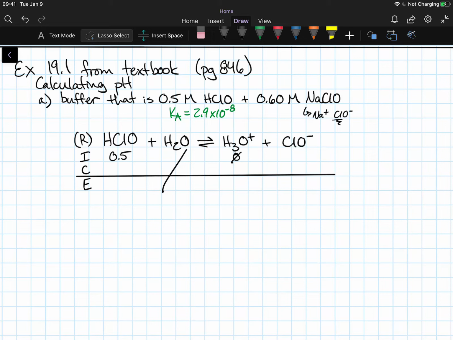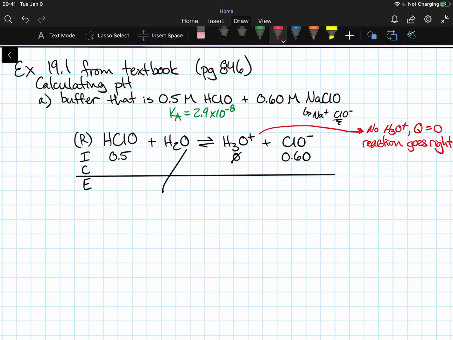But in this case, we are actually preparing the solution with some of that conjugate base around, and we're told it's 0.60 molar. So we can go ahead and add that in. Now we may look at this and say, well, there's already some of the product, so this reaction might want to go in the reverse direction. But we should be careful that since there is still no H3O plus, Q is still equal to 0, the reaction proceeds to the right.